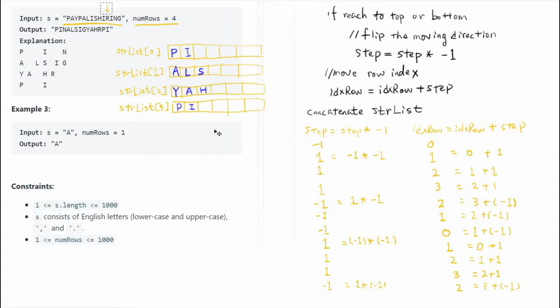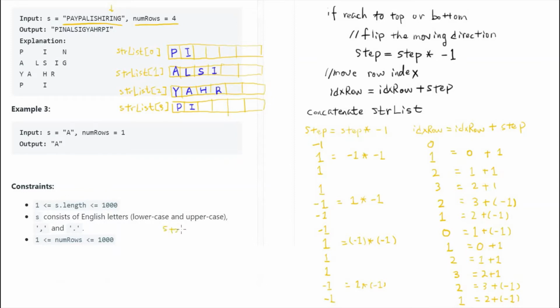It moves to R. Then we add R to the string list 2. The step remains as -1. The row index equals 2 plus -1. It gives you 1. We move to I. We add I to the string list 1.